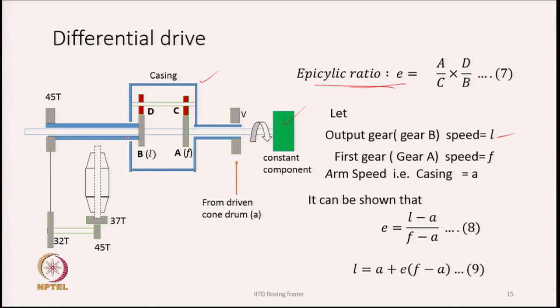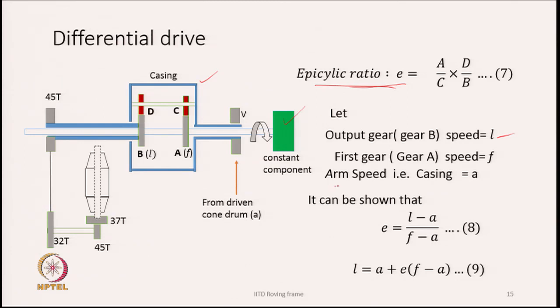The first gear is the gear A, and let us say speed is F. The gear A is here and the gear A is connected to the main shaft. So, gear A gets the speed of the main shaft.